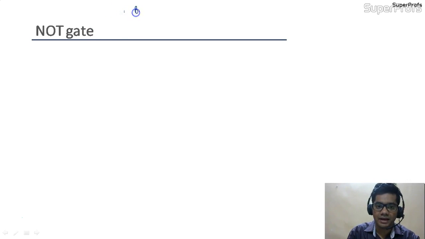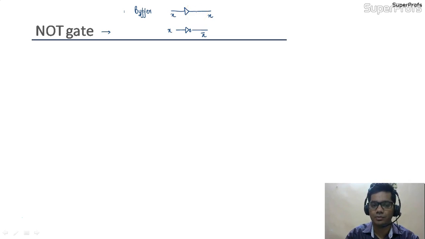If we are having a buffer, the symbol for buffer is like this, and if the input is X, the output is also X. But for the NOT gate, if the input is X, the output would be X complement. So we can say that NOT gate is a complement of buffer gate.